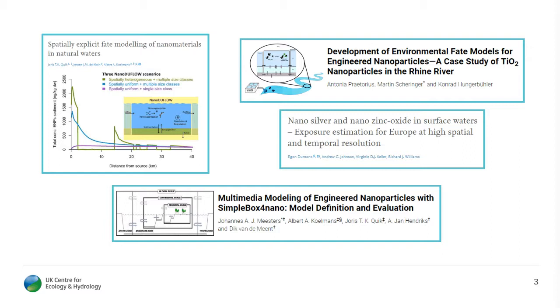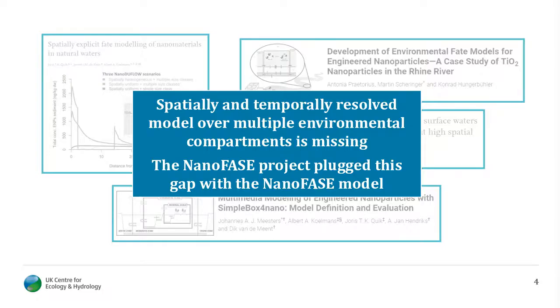But the thing that was really missing from this was a model that offered both spatial and temporal resolution over multiple environmental compartments. And this was the gap that the NanoPhase project, which ended at the end of last year, aimed to plug with the so-called NanoPhase, nanomaterial fate and speciation in the environment model.